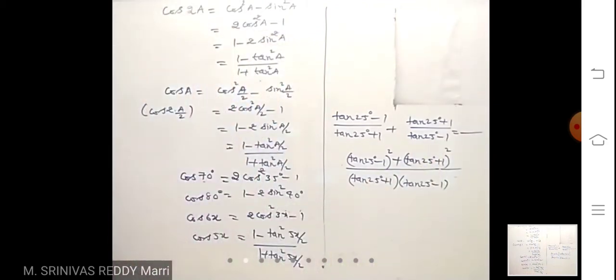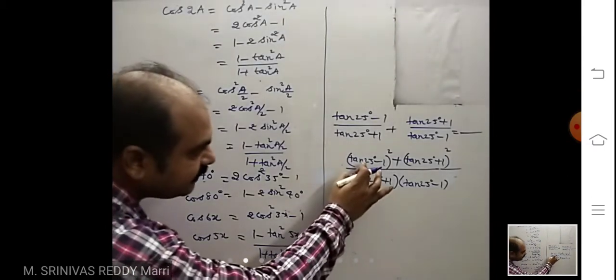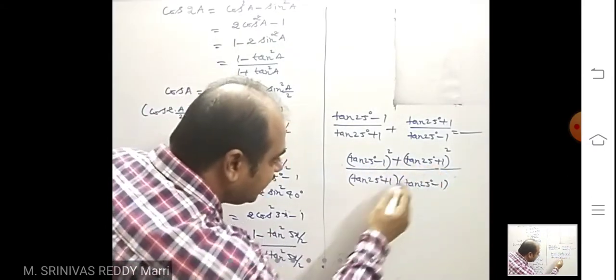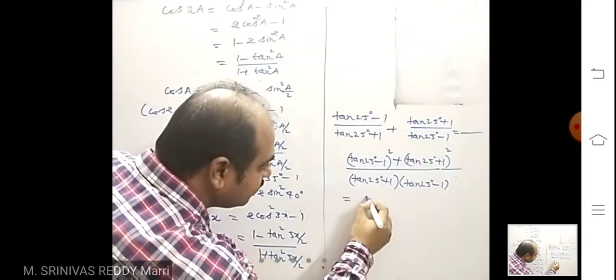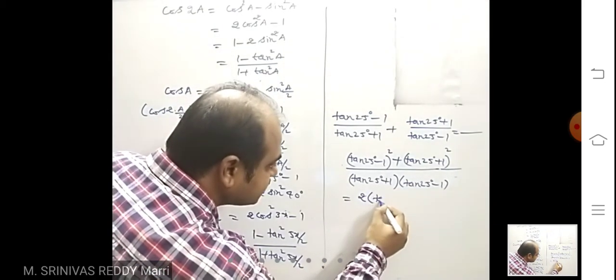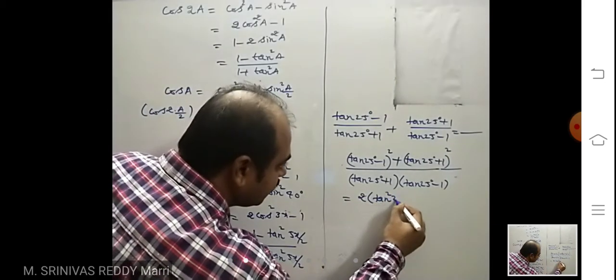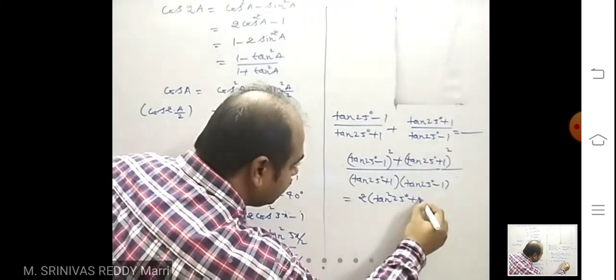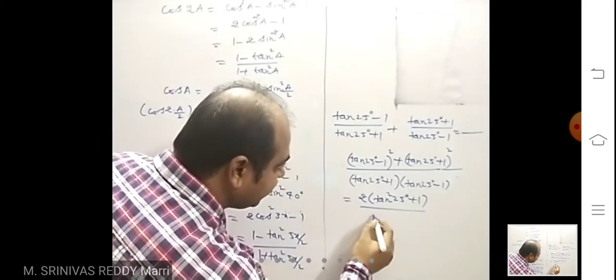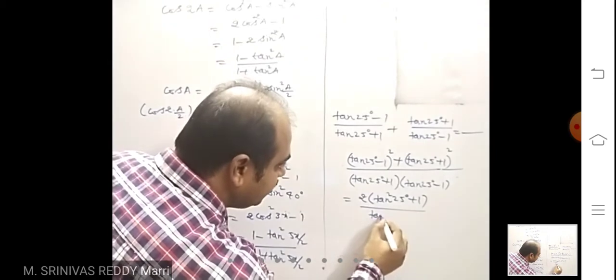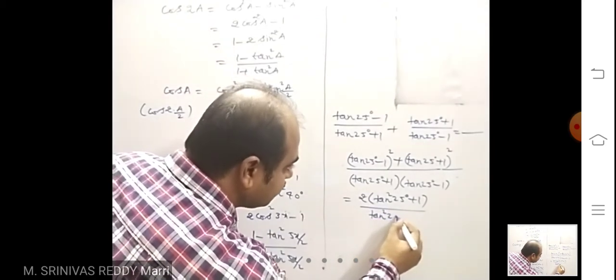This is of the form a minus b whole square plus a plus b whole square, so you will get 2 into a square plus b square divided by a plus b into a minus b.